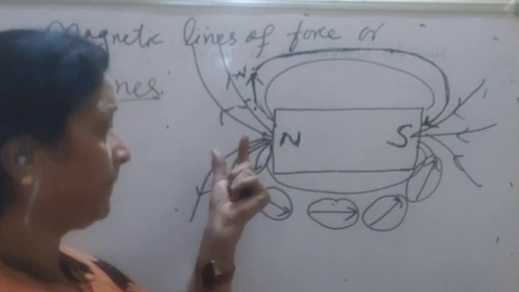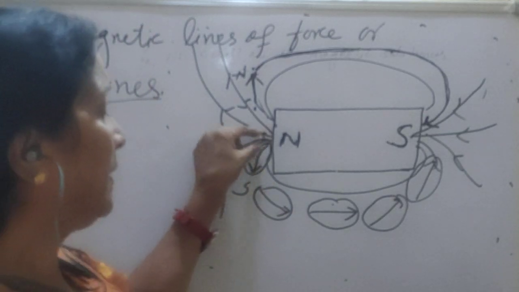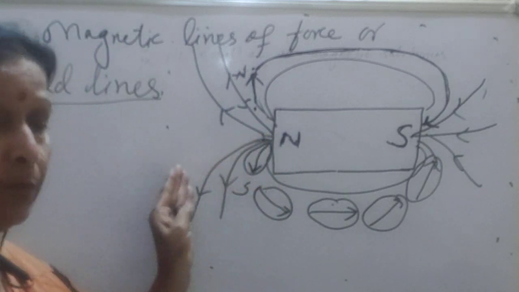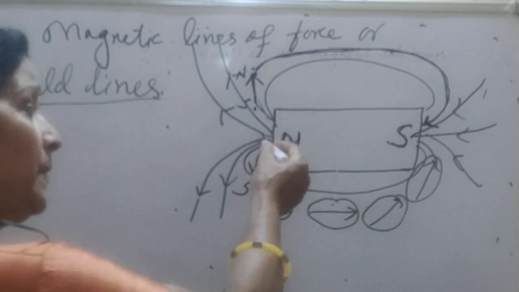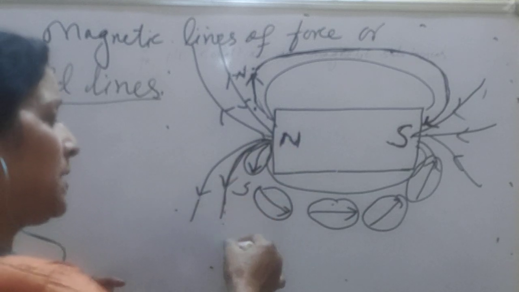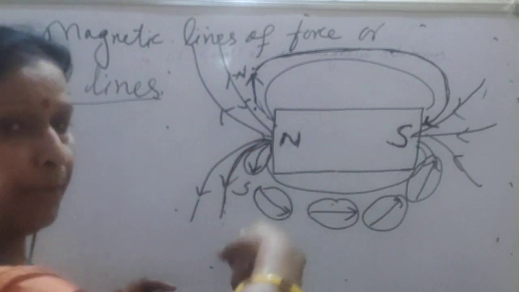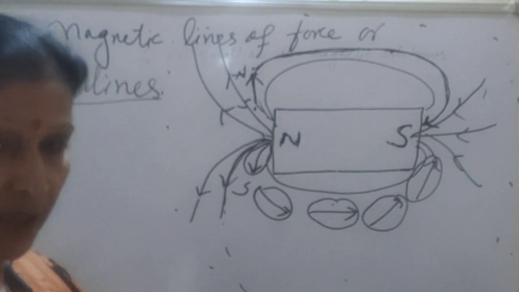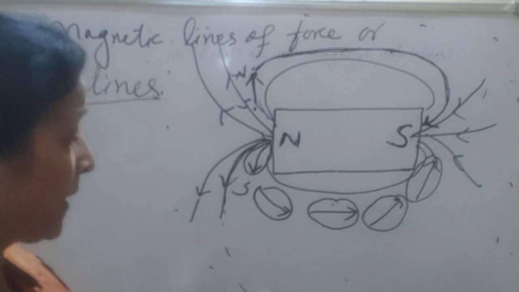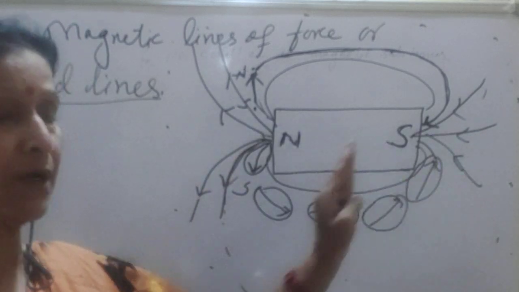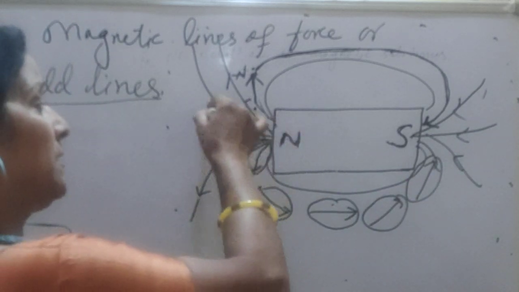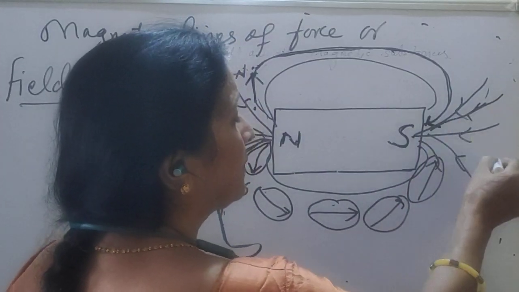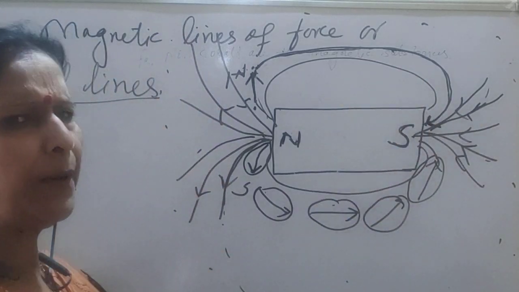Because if we keep the magnetic needle a little bit away from the North Pole of the magnet and mark its north and south poles, we will get these lines, but these curves won't be completed because the effect of this magnet is not reaching till here. So we won't be able to complete this curved path. Only these lines will appear to diverge here, and these lines will be converging over here.